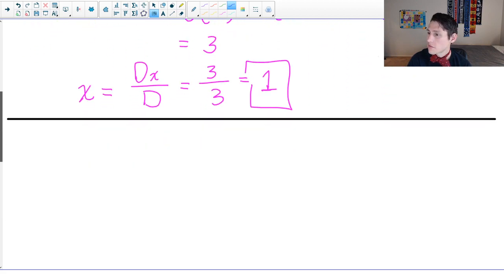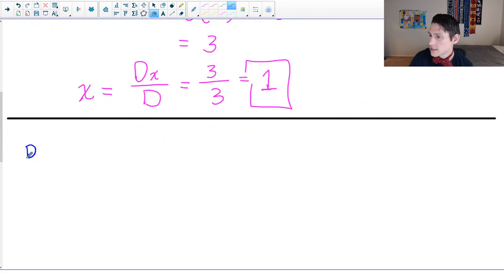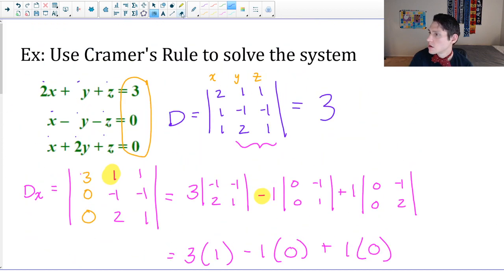Now let's solve for y. So I need to know what is dy. Now, since I'm doing dy, I'm going to keep the x column the same and the z column the same. So 2, 1, 1, 1, negative 1, 1.